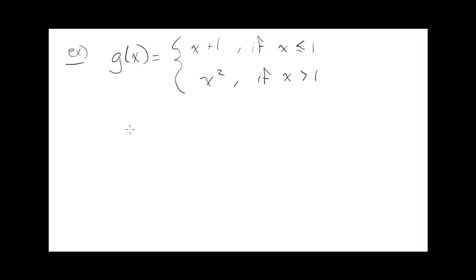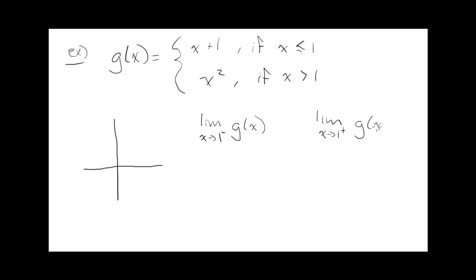So let's do a graph. Well, okay, there's my graph, but I'll do the limits first. So I'm going to go to 1 from the left of g of x, and to 1 from the right of g of x.